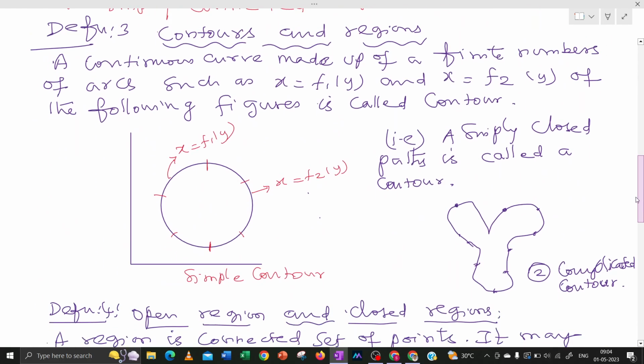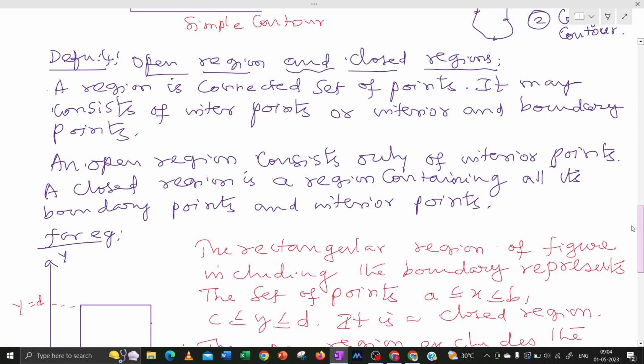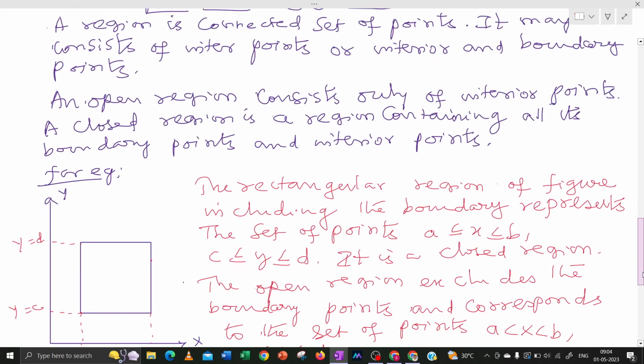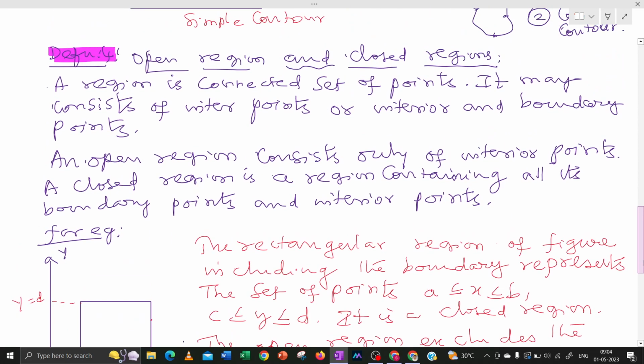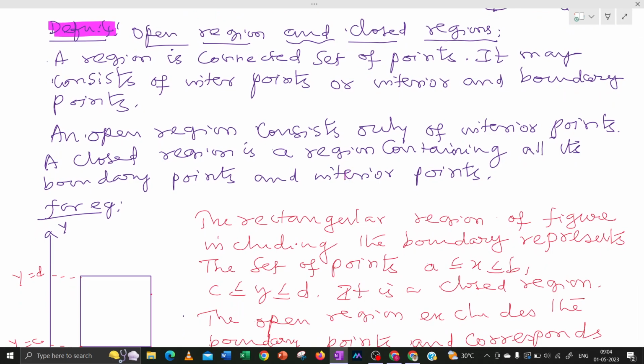The third is what is meant by contours and integration, which is more important than the other definitions, and what is a simple contour and a complicated contour. The fourth definition is open region and closed region. If we consider only the interior points, that is called an open region; if we consider both interior and boundary points, that is called a closed region.